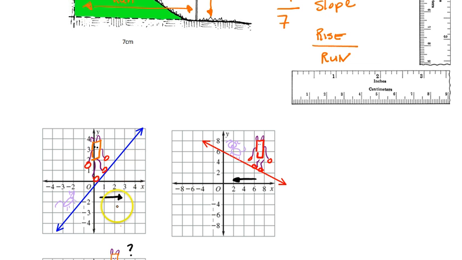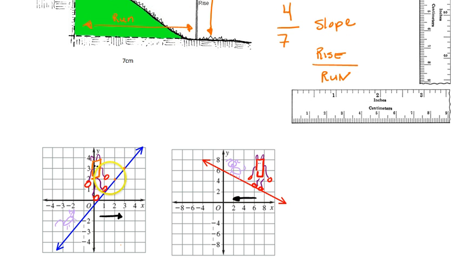Now if I look at this graph, rise would correlate with my change in my y-axis, and run would correlate to my change in my x coordinates. So let's look at my first graph here. If I look at this line, my rise is 1 and my run is 1.